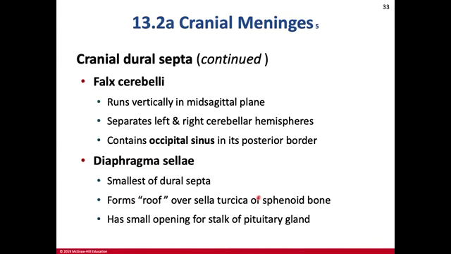The cranial dural septa also include the falx cerebelli, which runs vertically in the mid-sagittal plane and separates the right and left cerebellar hemispheres. And the diaphragma sellae, which is the smallest septa and forms a roof over the sella turcica of the sphenoid. Remember that the sphenoid houses the pituitary gland in the pituitary fossa.